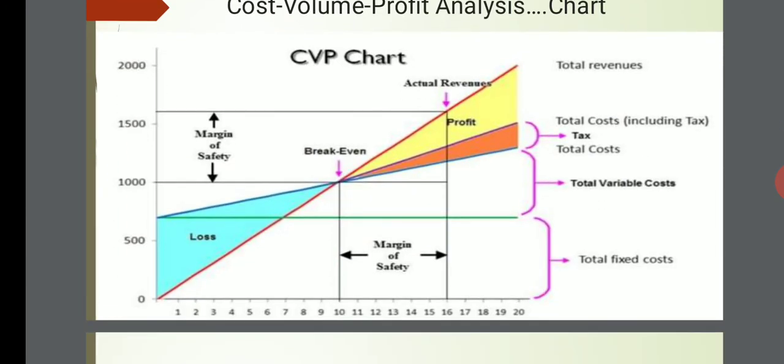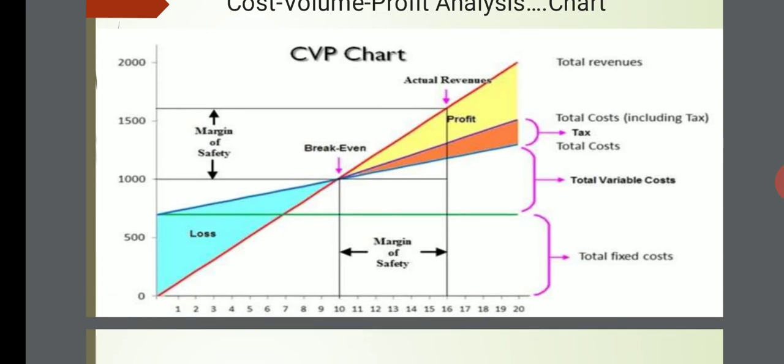We already discussed this chart. In the x-axis we have quantity, and in the y-axis we have costs and revenues in rupees.